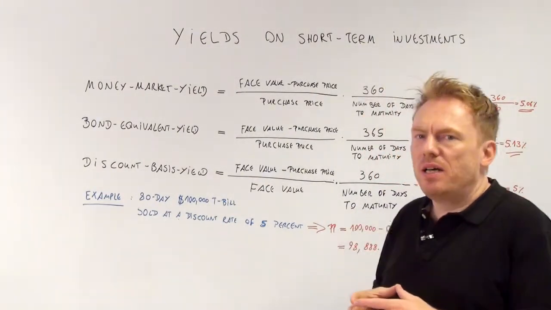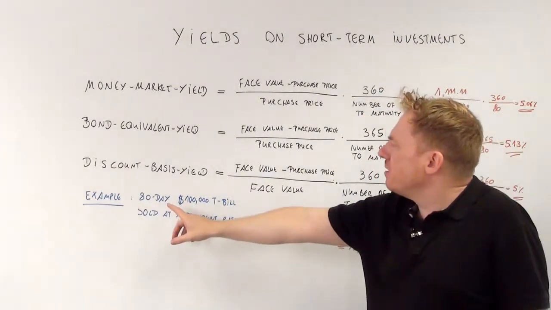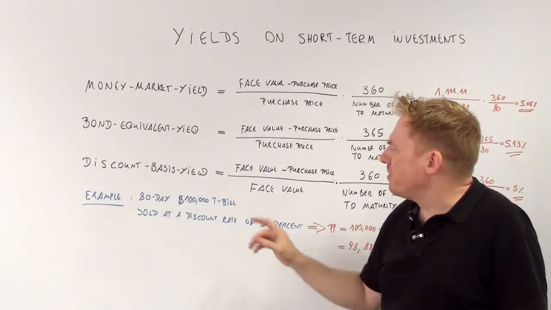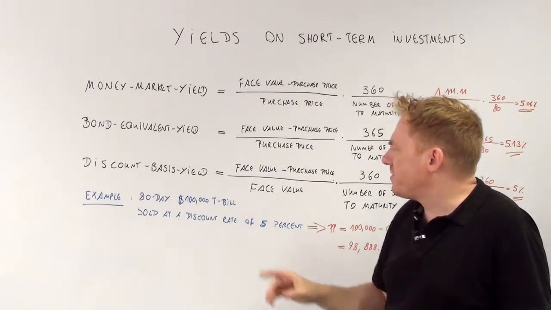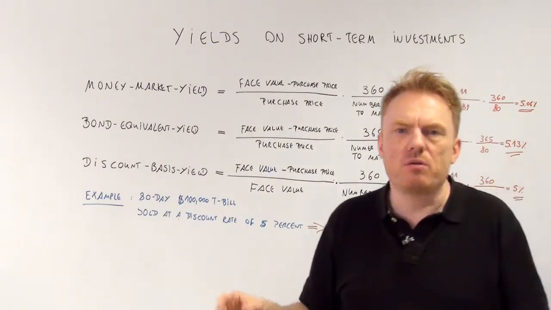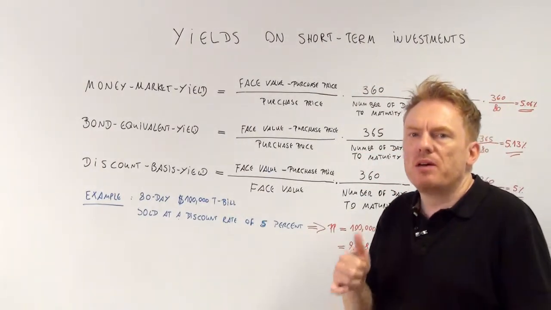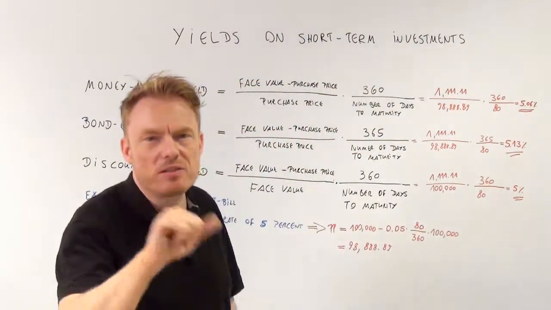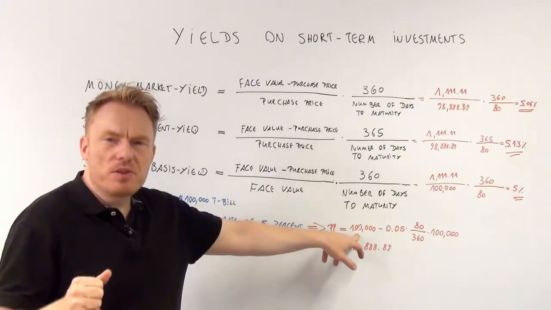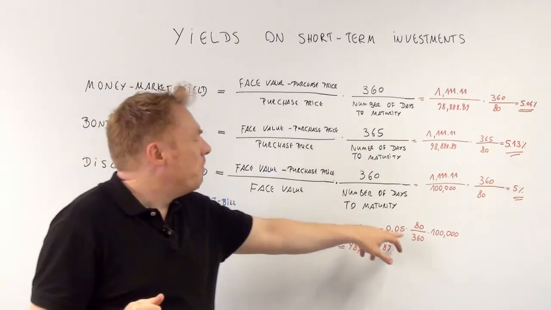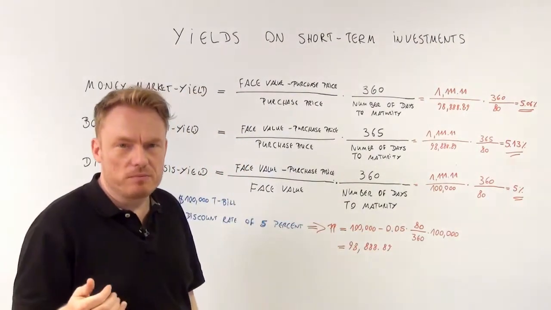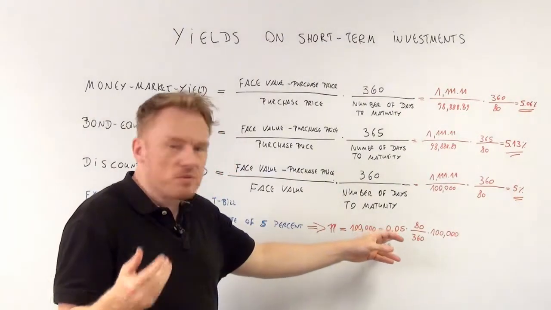Let's take a look at an example. We look at this single bond. It's an 80-day, $100,000 T-bill, and it is sold at a discount rate of 5%. So that's everything we need to know. First, we have to calculate the purchase price, which is $100,000 face value minus $100,000 multiplied by the discount rate, because we subtract the discount.